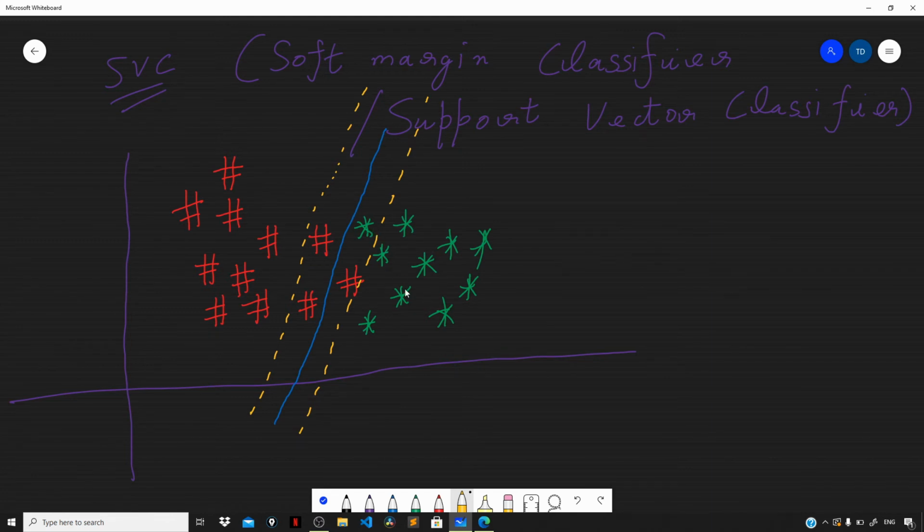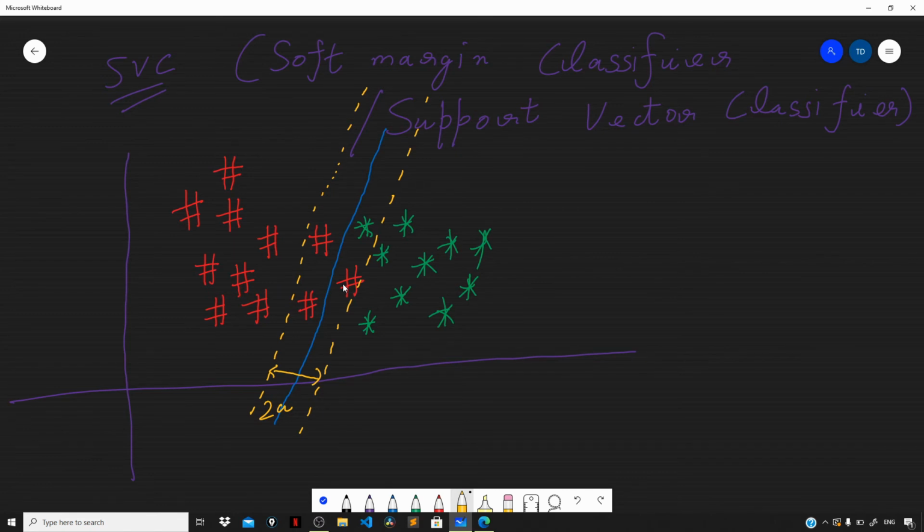Here in this case you can see that we can have points that lie within the distance of the margin. So you can see within the distance 2a, we are having these 4 points that are lying within the margin, which is not possible in case of the maximum margin classifier. Contrary to maximum margin classifier, in the support vector classifier we can have points within the distance of the margin as well, because we know that in this case our points are not perfectly separable.